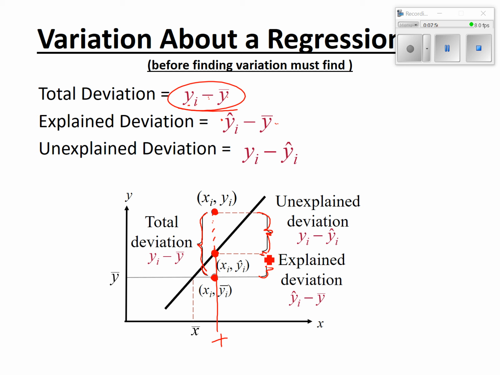You'll notice that this distance and this distance together give you your total deviation. So the unexplained deviation plus the explained deviation equals the total deviation. And what we have to do is find each of these for each of our ordered pairs, each of our points or pieces of data.